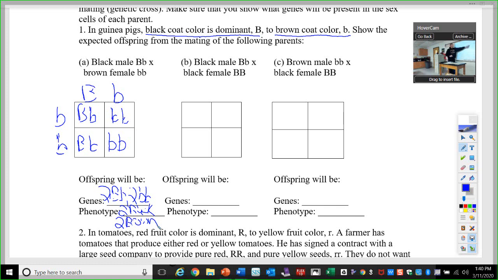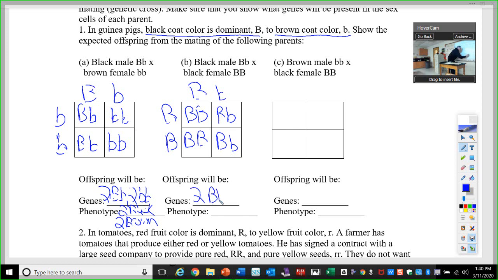All right, let's plug this one in. Big B, little b. Big B, big B. Phenotypically, both of them are what? Black fur. Right? So what's our genotypic ratio?